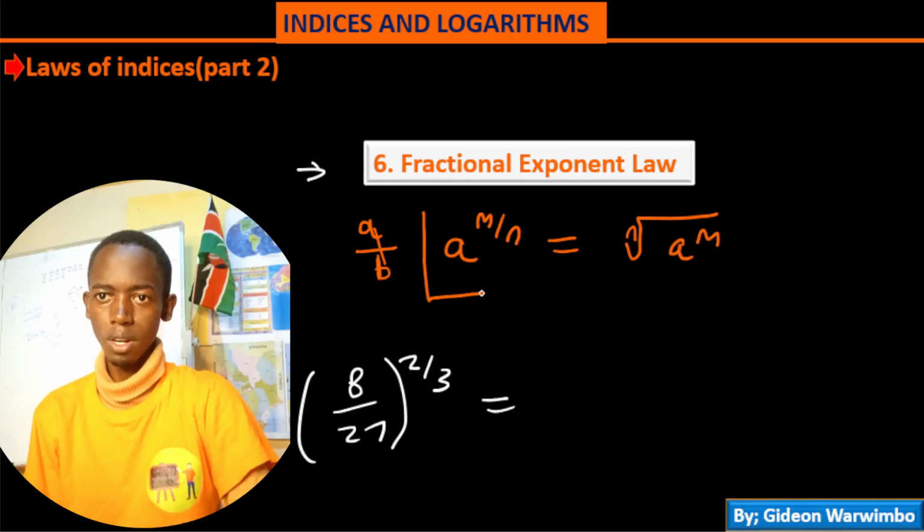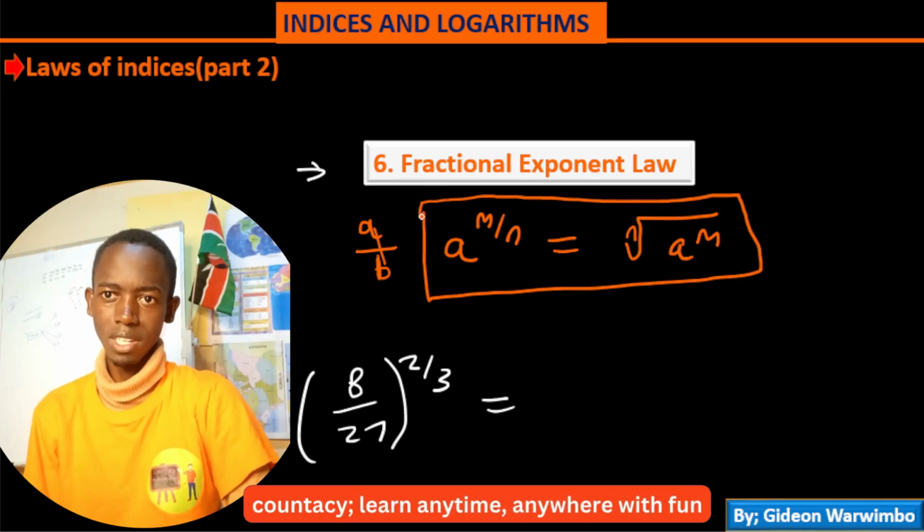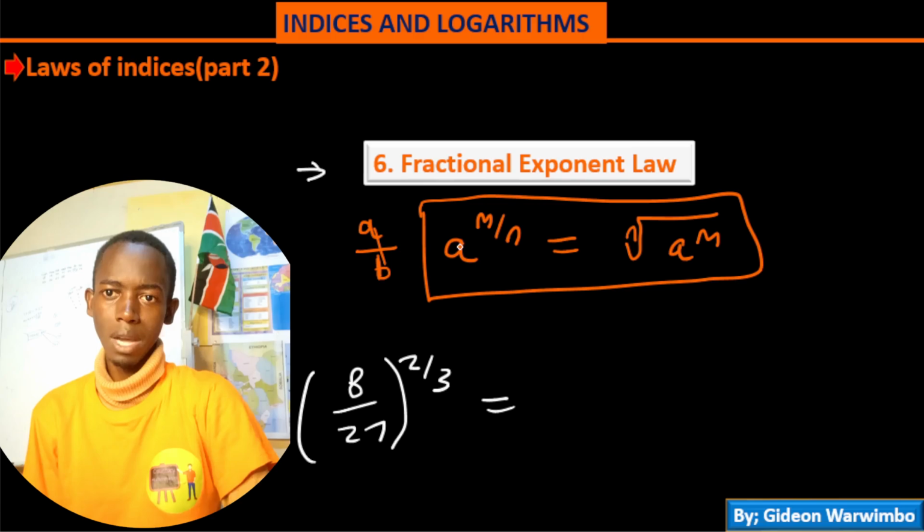I hope that you do really understand this: when you've got a certain number raised to a certain power that is a fraction, what we usually do is take that number, which is a, and then we power it by what is there in the numerator, and then we find the nth root of that. Let's take a practical example for that case.